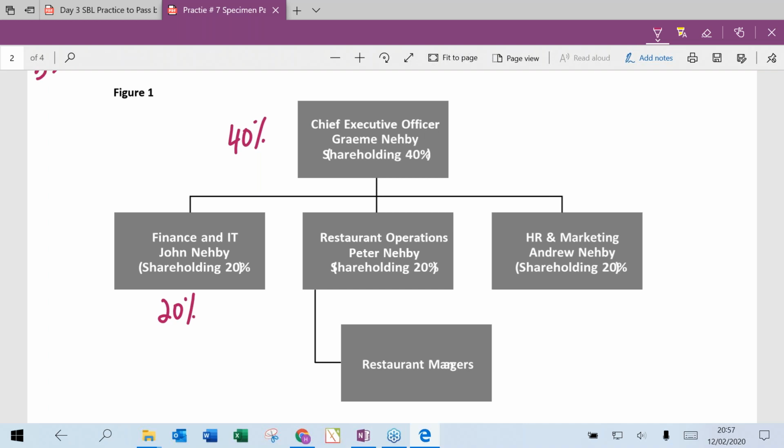Restaurant operations, Peter Nabi, shareholding 20%, okay? And HR and marketing is looked after by Andrew Nabi, shareholding 20%. Is that 100%? Yeah. And the restaurant managers report to Peter Nabi, because he's the restaurant's operations director. Any problem?